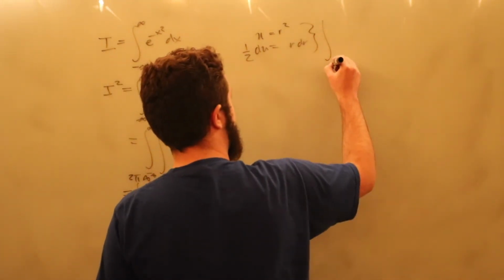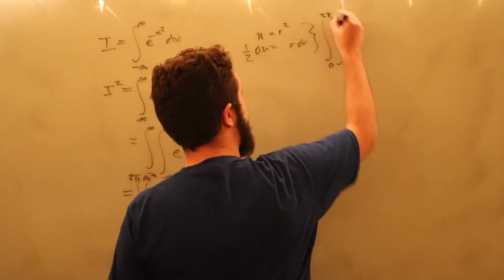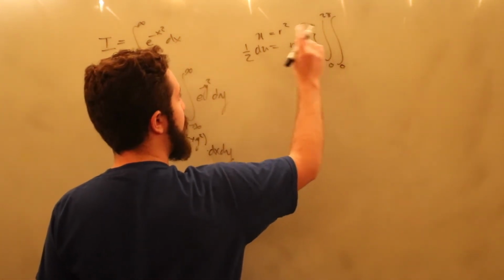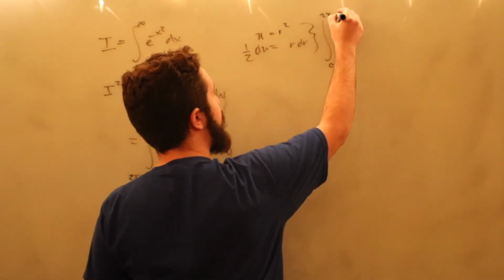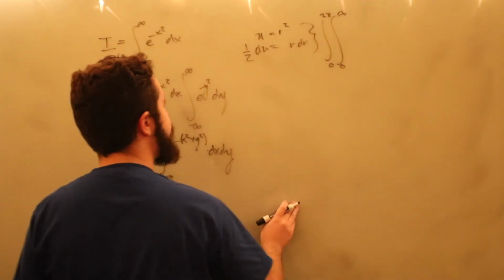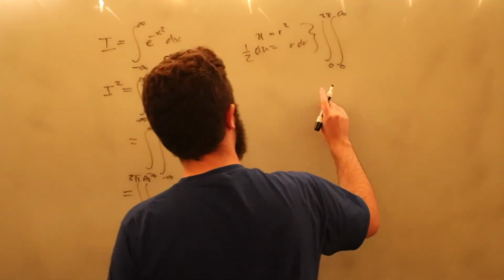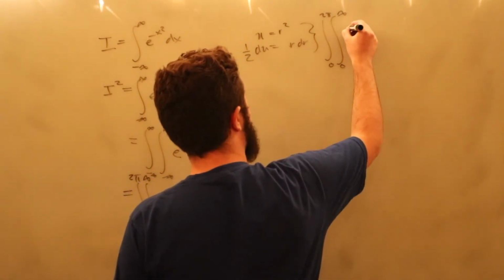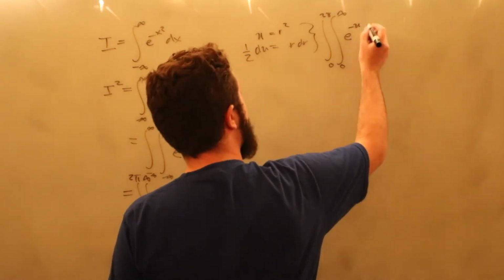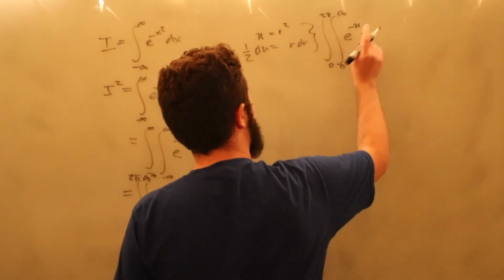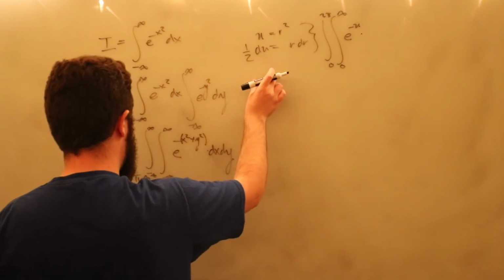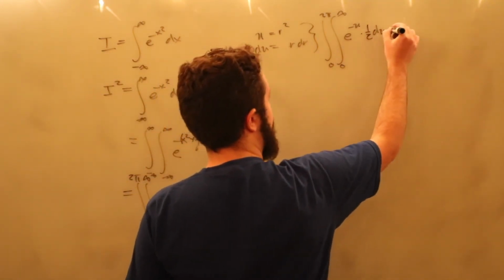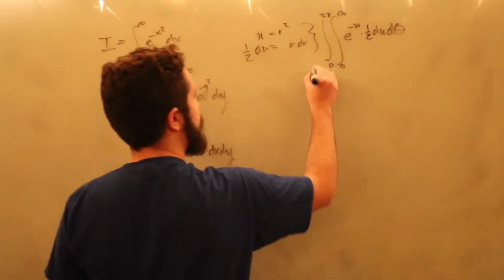We're going to get the integral from 0 to 2 pi, and what are our limits going to be? When r is 0, u is 0. When r is infinity, u tends toward infinity. So we're going to get e to the negative u times, and then the r dr comes out, and instead we get 1/2 du, and then d theta.